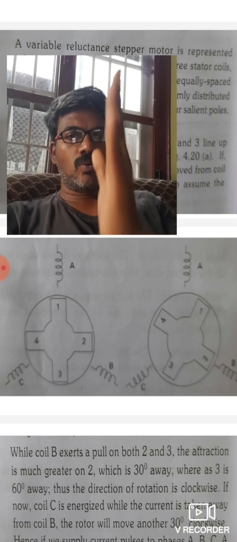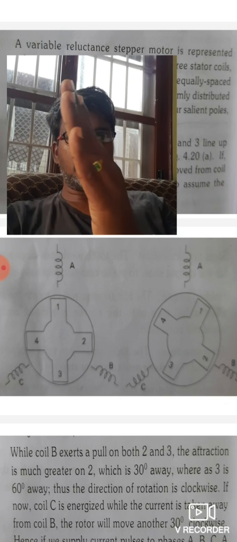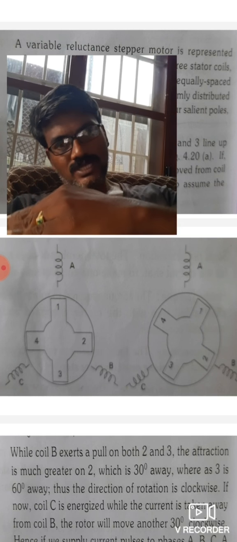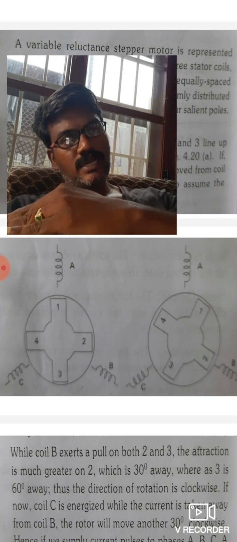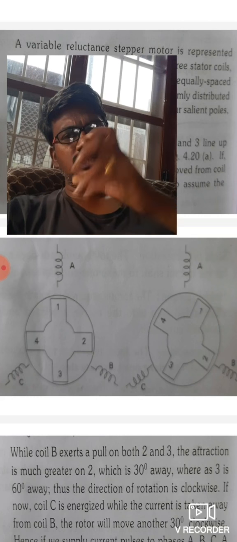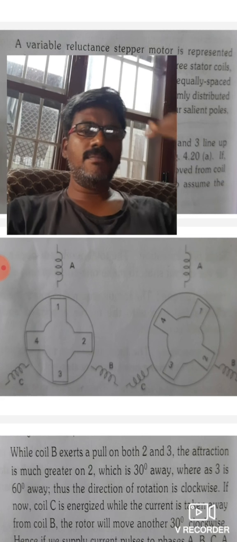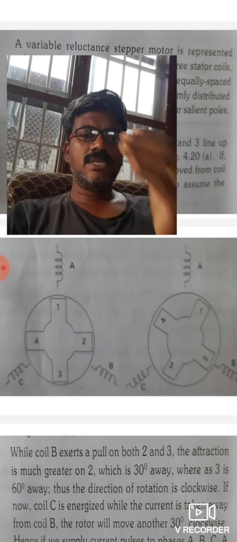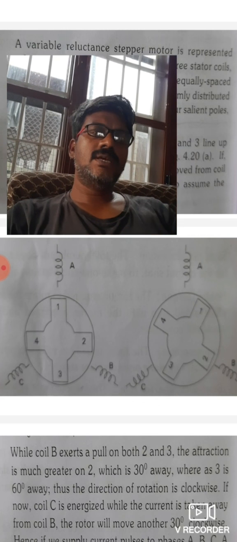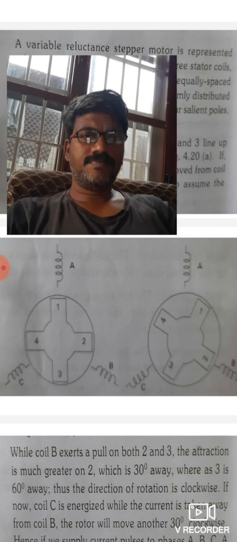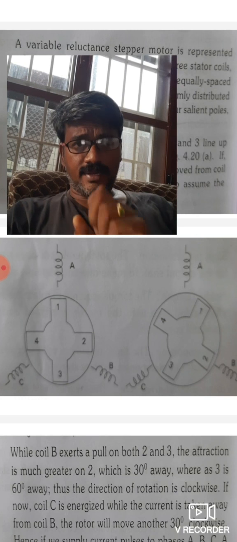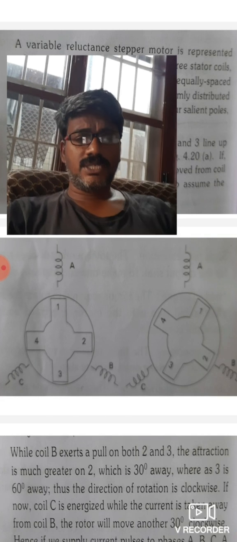Then the pole 1 will be rotated 30 degrees in the anti-clockwise direction. Right? Simply by changing the sequence, instead of A, B, C, we change the sequence to A, C, B. Then the rotor rotation changes.